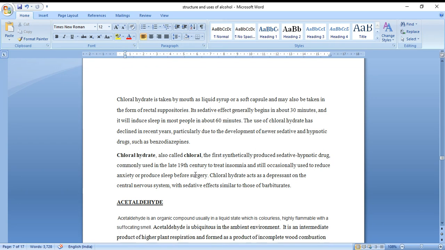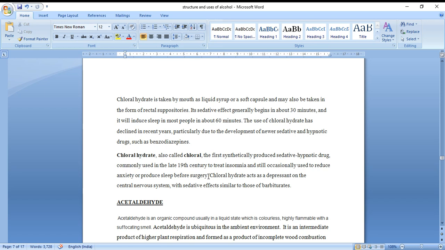Chloral hydrate was the first synthetically produced sedative hypnotic drug, commonly used in the 19th century to treat insomnia, and still occasionally used to reduce anxiety and produce sleep before surgery. It acts as a depressant on the central nervous system with effects similar to barbiturates. So there is a similarity between paraldehyde and chloral hydrate.